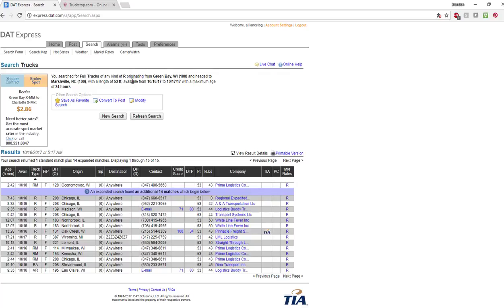Well, yeah, you can do that, but we first must understand that most of the loads posted here are posted by brokers. So as a broker, I wouldn't want to go on a load board to get a load. I go straight to the shipper.